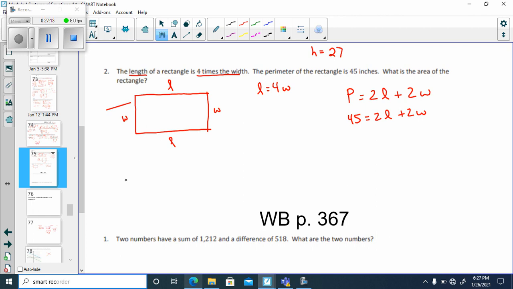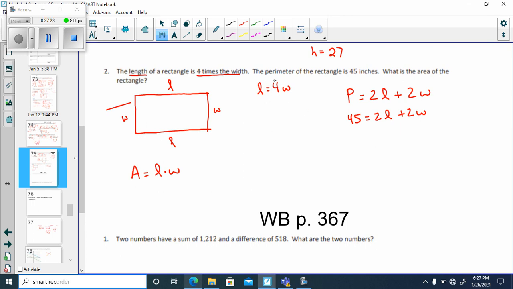Well, they want us to find the area. Area is equal to length times width. I've got to find the length and the width to be able to do this, don't I? I've got 2 equations here.